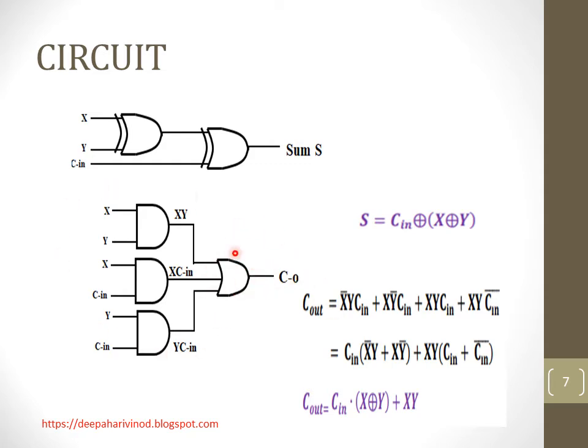This is one equation, or else we can also write Cout directly from the truth table. Wherever the output C is high, the corresponding literals we have taken and written, and then simplifying, we take the common terms.